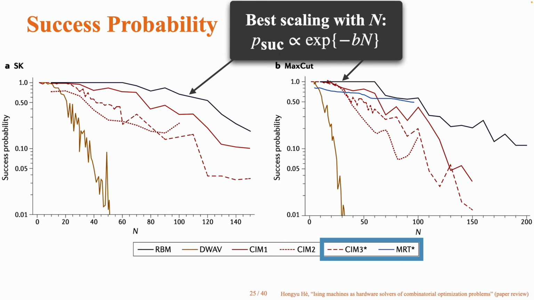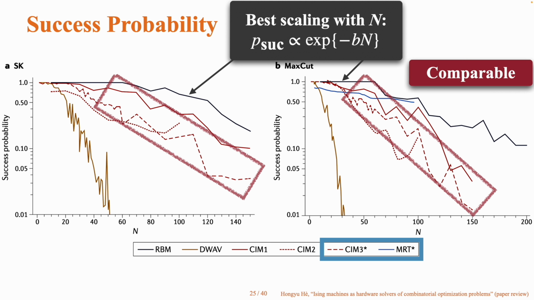As we can see, first, we have the best scaling solutions coming out of the digital implementation, the simulated annealing, which scales exponentially with the instance size. Next, we can see that the CIMs are comparable, but still have slightly lower performance compared to the digital solutions.